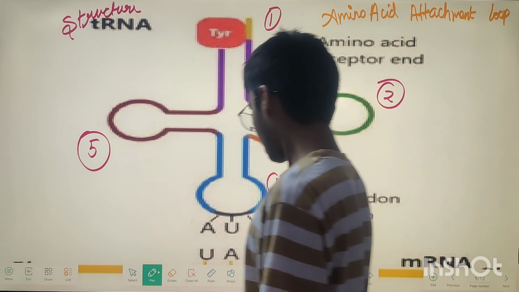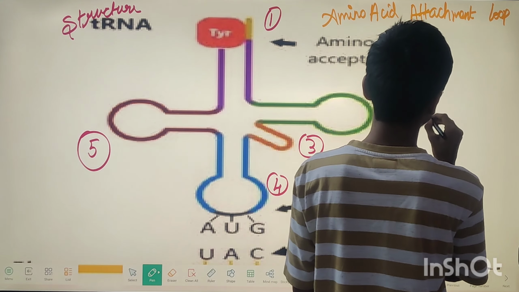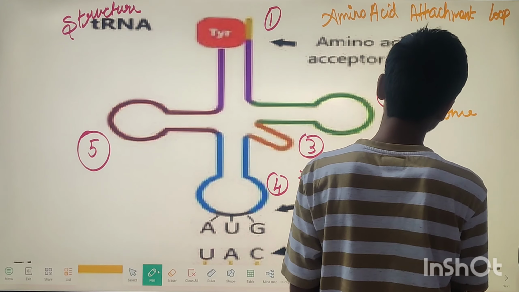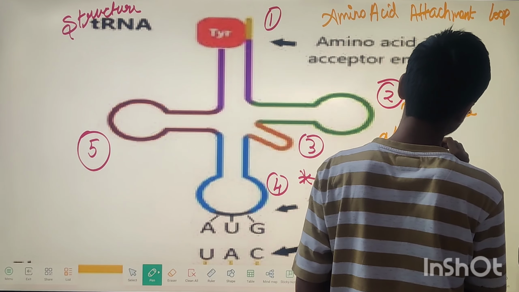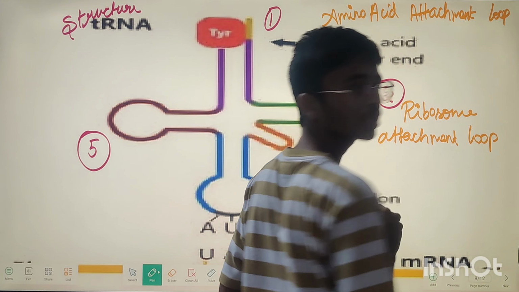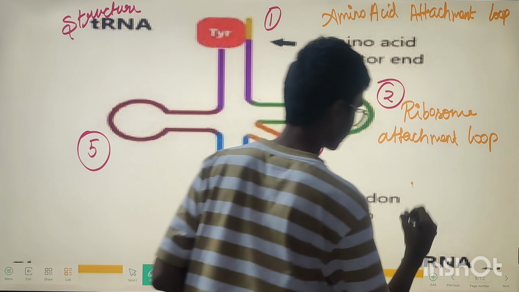Then the second is the ribosome attachment loop. Here is the place where ribosomes will be attached. And the third loop is the anticodon loop, also known as the no-dot loop.